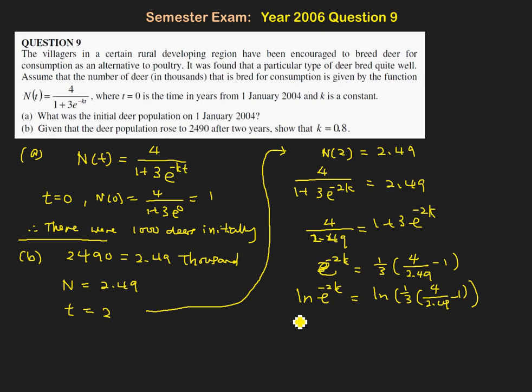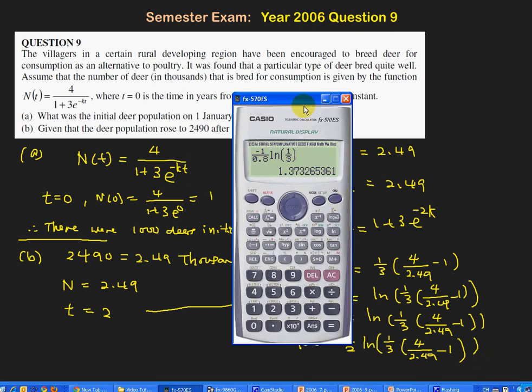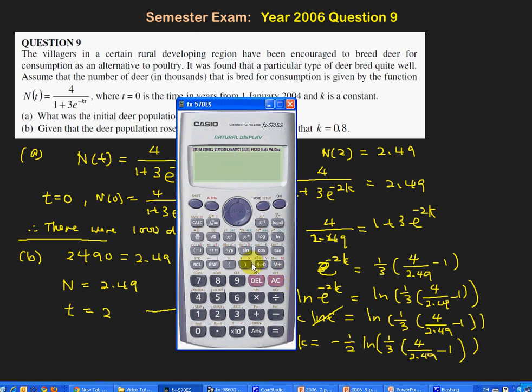Okay, and so therefore I can write like this, and this is just ln e, which is 1, so that means k is negative half ln of 1/3 times (4 over 2.49 minus 1). So now we get the calculator, right? Get a calculator and enter this. I've calculated this actually.